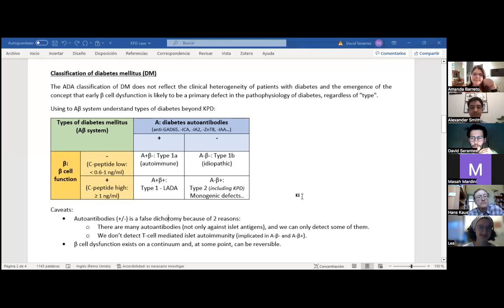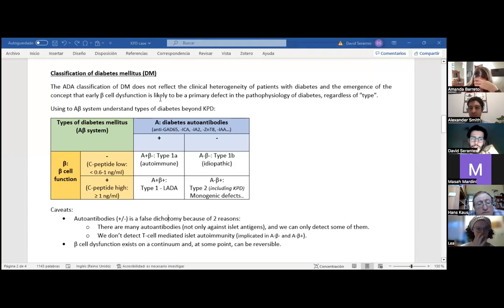Okay, perfect. So we are used to the ADA classification of diabetes, but this classification doesn't reflect the clinical heterogeneity of patients with diabetes, and the concept that there seems to be an early beta cell dysfunction in different types of diabetes, not only in type 1.